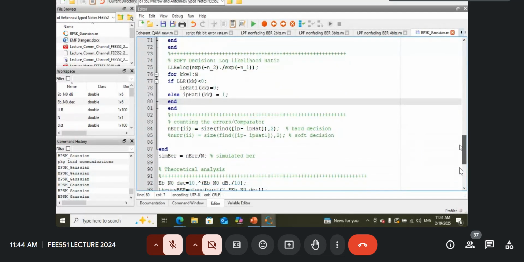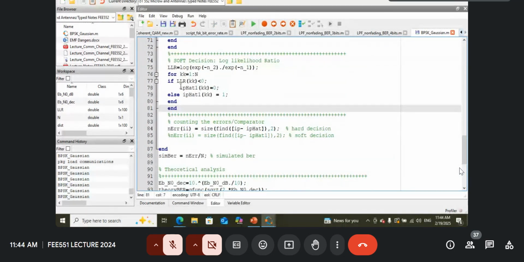We just want to see, after you find that, remember you have two vectors now. The input, this one you have, this is what they decided as random numbers, zeros and ones with equal probability. But now, your output here of the decoder gives you the IP. So if we are using the soft decision, I've said it is called IP hat 1.